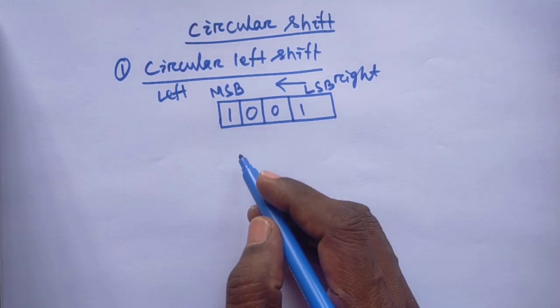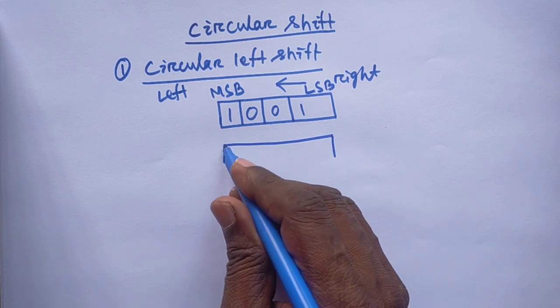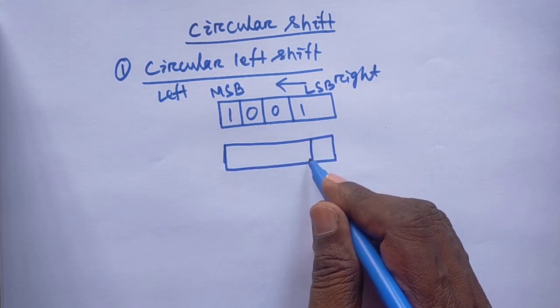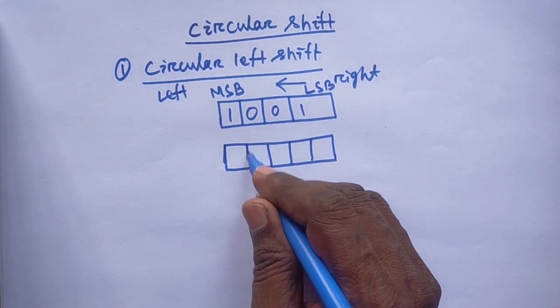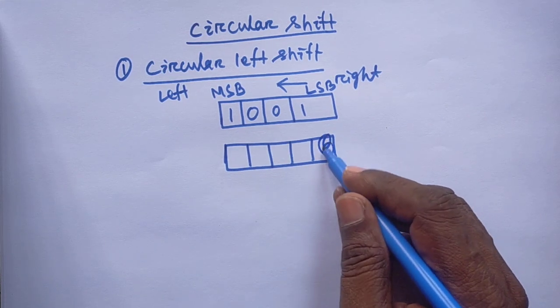Now see, in a very simple way, as in logical shift, we consider the same 4 bits, 1 2 3 4, and this is an extra bit.